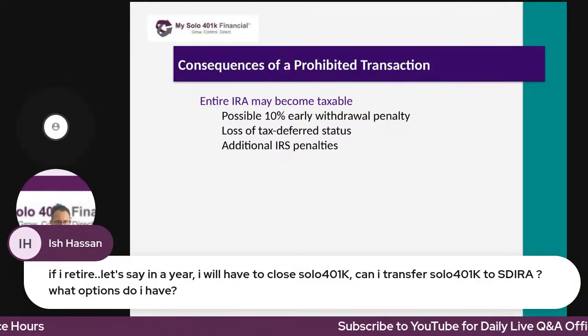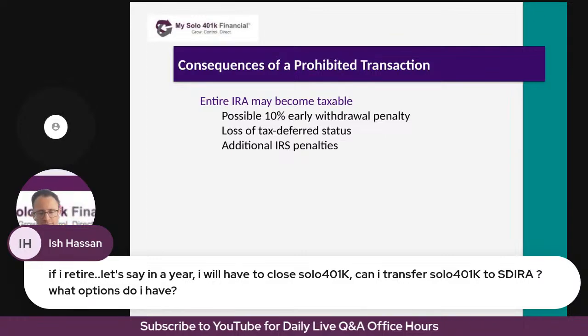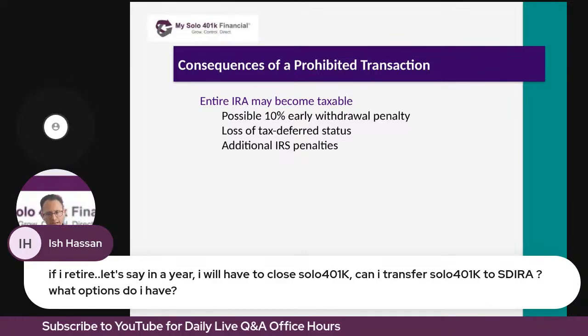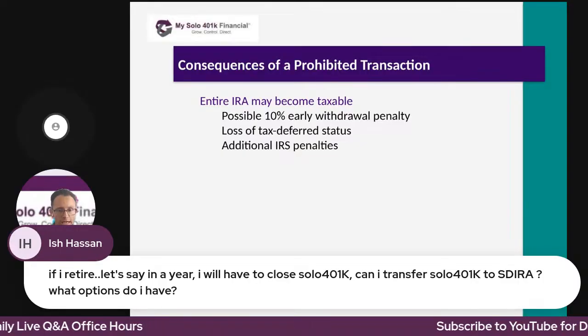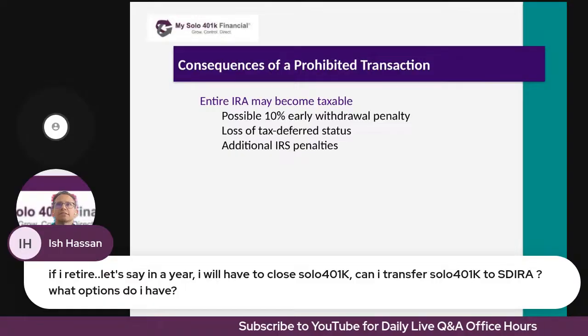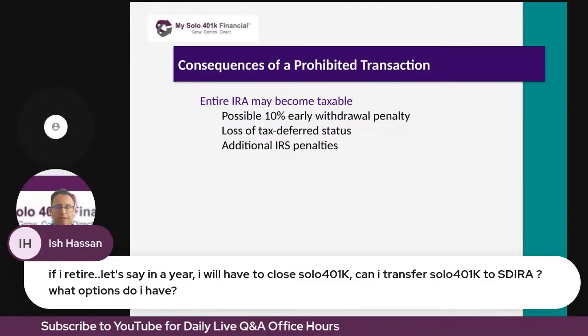If I retire, let's say in a year, I will have to close my solo 401k. Can I transfer the solo 401k to a self-directed IRA? Yes, you can. Great question. A lot of our clients invest their solo 401k plan in alternative investments like real estate.